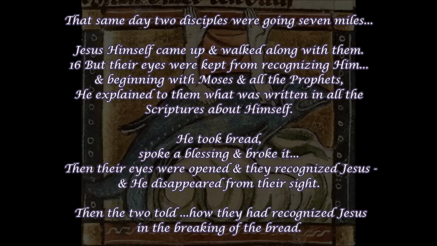It could have been miles, but they didn't recognize him. Not until he took the bread, spoke a blessing, and broke it. Then they recognized him, but then he magically disappeared from their sight. But they told others that they had seen Jesus on the road, and they recognized him, not because of his features, but because of the way he broke the bread.